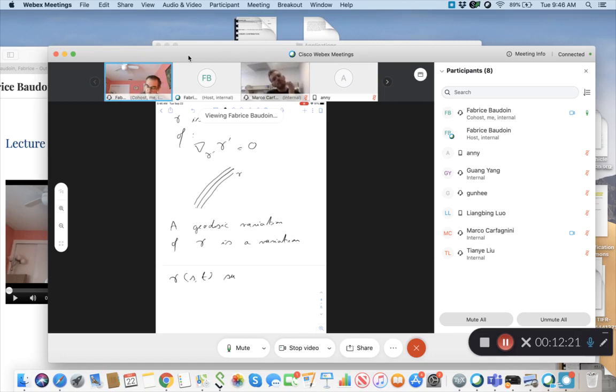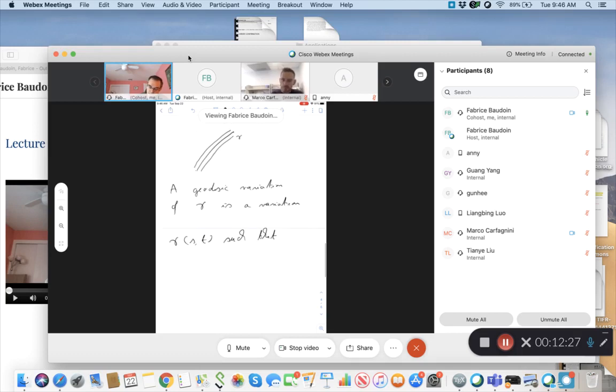And this is a small variation such that for all s in its interval of definition, the curve gamma s dot is a geodesic itself. Does it make sense to you?